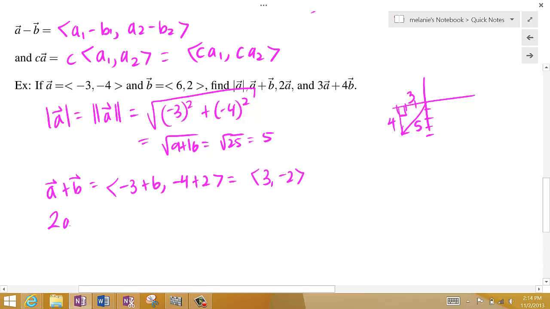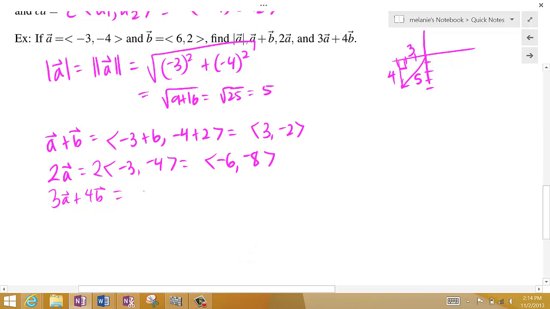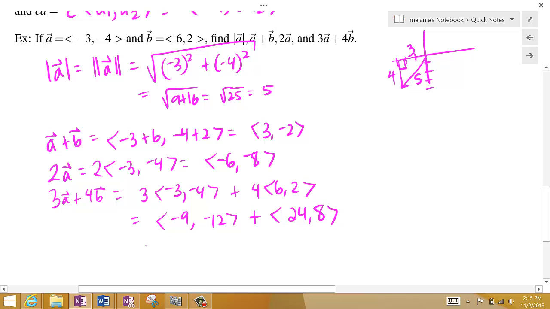If I want to find 2 times vector A, I would do 2 times -3, -4, which is -6, -8. And if I want to find 3A plus 4B, I can do 3 times vector A plus 4 times vector B, which is what? -9, -12, plus 24 and 8.